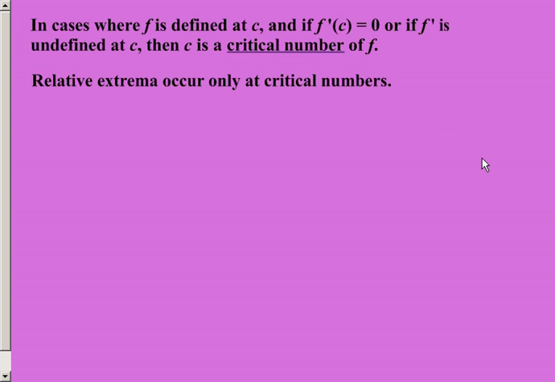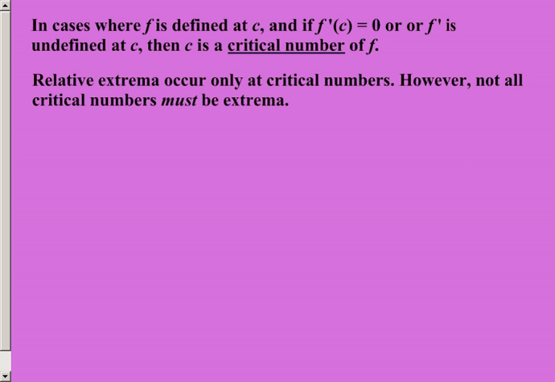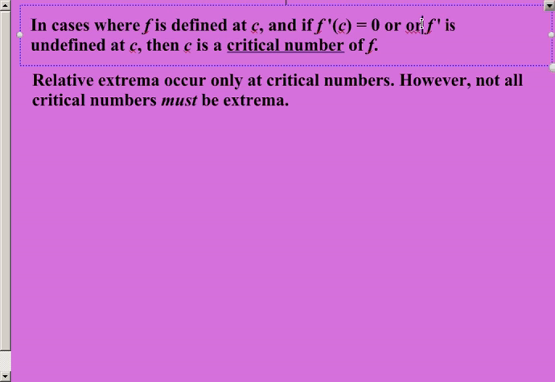Now, relative extrema occur only at critical numbers. This is not to say that all critical numbers are going to be extrema, but all extrema will occur at critical numbers.